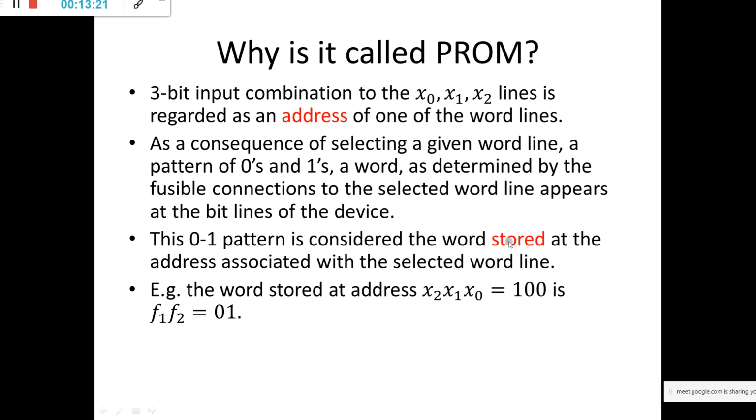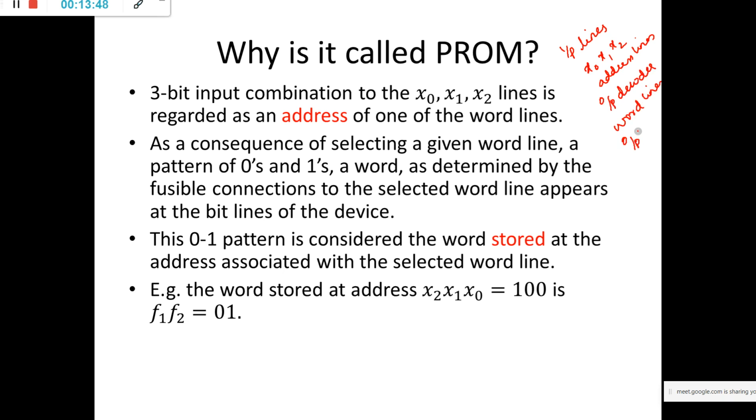So here we have the input lines X0, X1, X2; all these are known as address lines. Input lines are address lines. The outputs of the decoder, those are known as word lines.